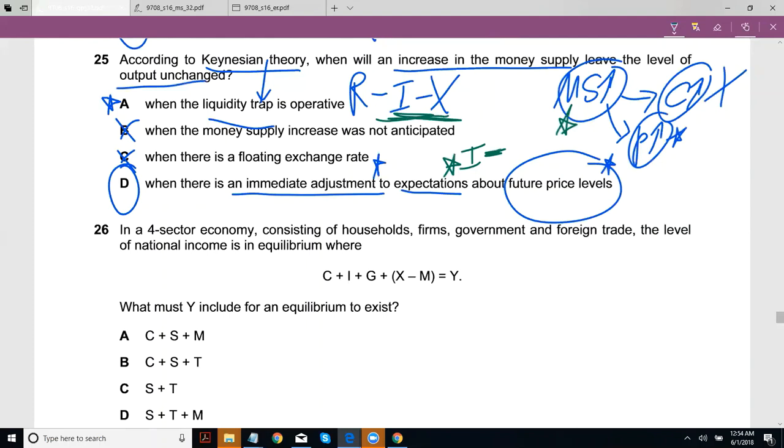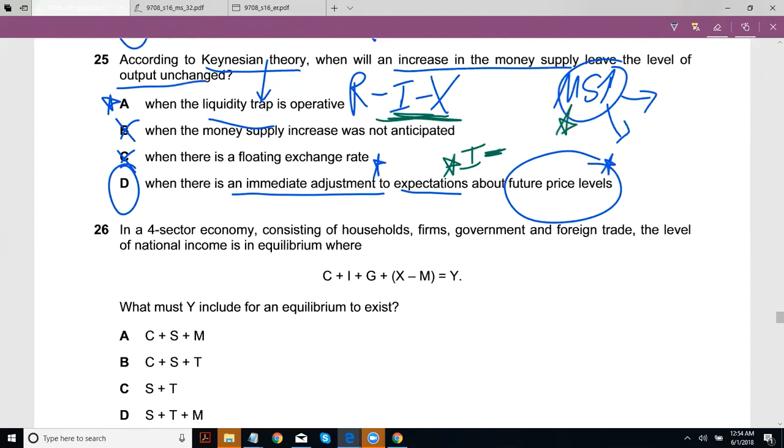But the question is, would an increase in money supply increase consumption if interest rates are the same? I don't think they would increase it, but they won't really decrease it either.